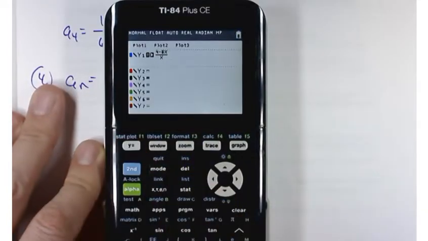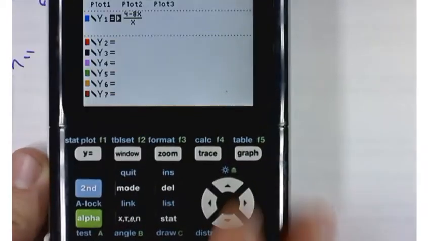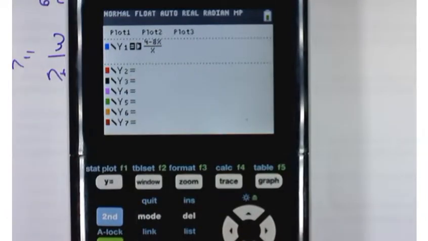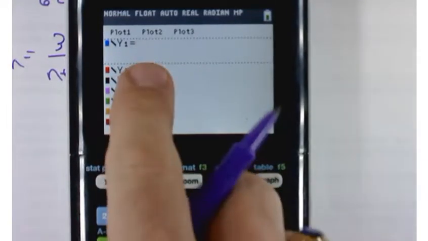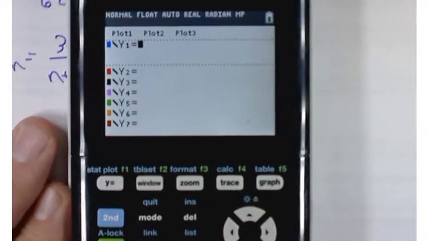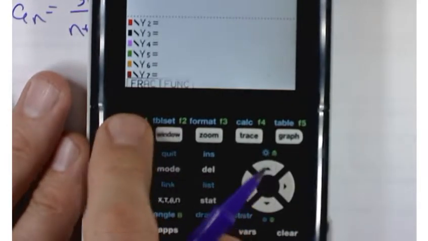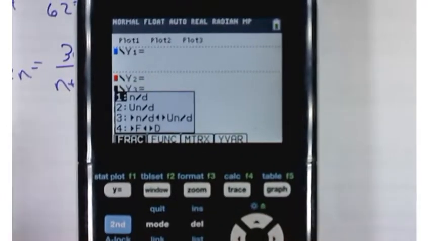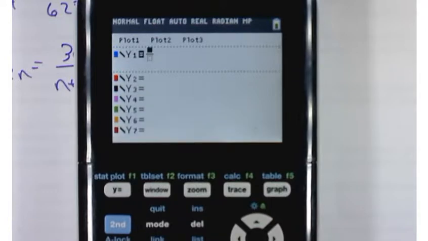And let's do it this way. First of all, I'm going to program that function into my calculator at the y equals menu. So hit the y equals key, then I'll hit the alpha key, then the y equals key again, and that'll allow me to input a fraction. The fraction I'm going to choose is 3x over x plus 4.